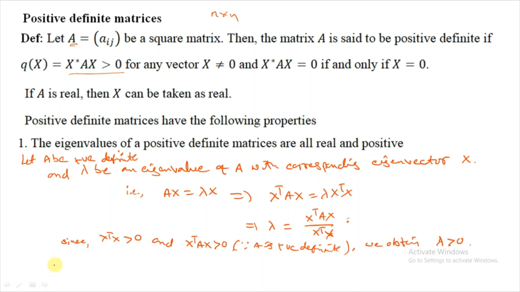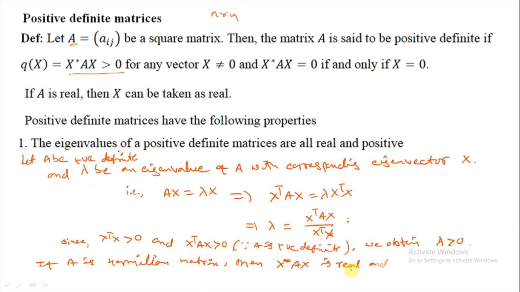Suppose A is a Hermitian matrix. Then x star Ax, just now we saw, is real.